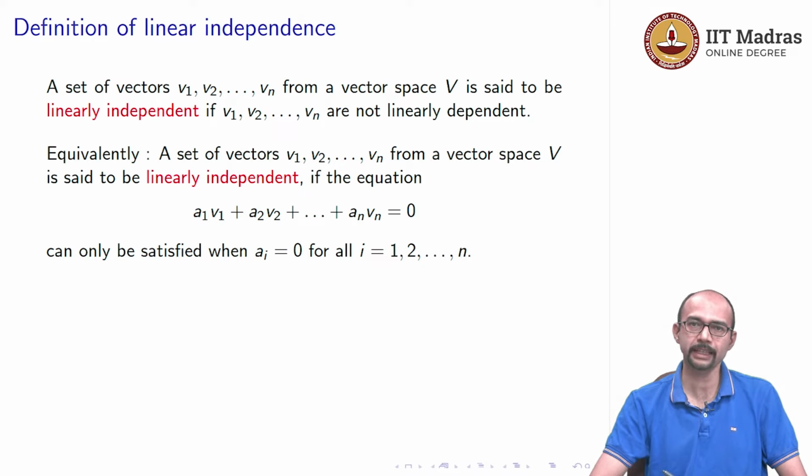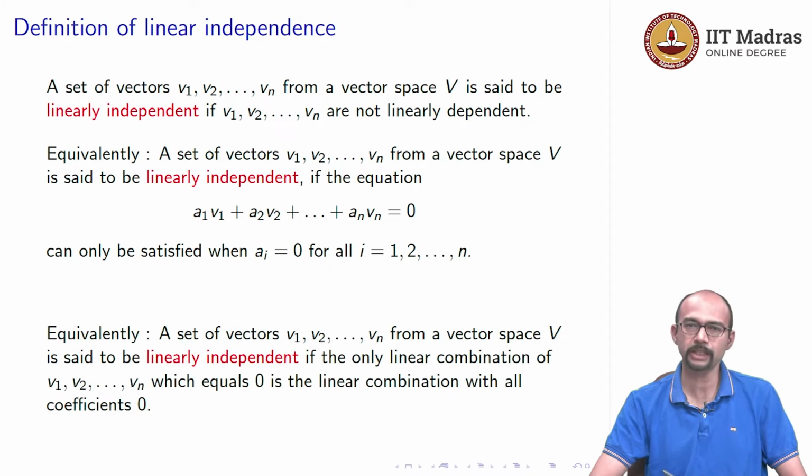Linear independence says that if there is a sum a1 v1 plus ... plus an vn which is 0, then the only way this can happen is if the a_i's are all 0.